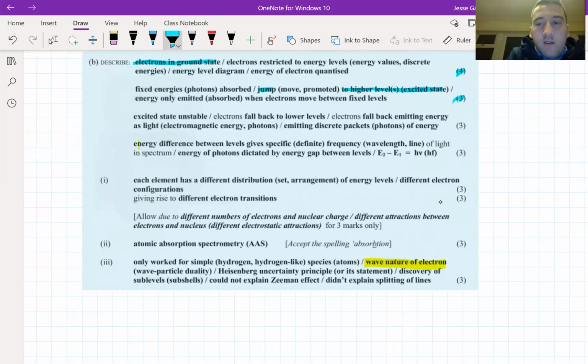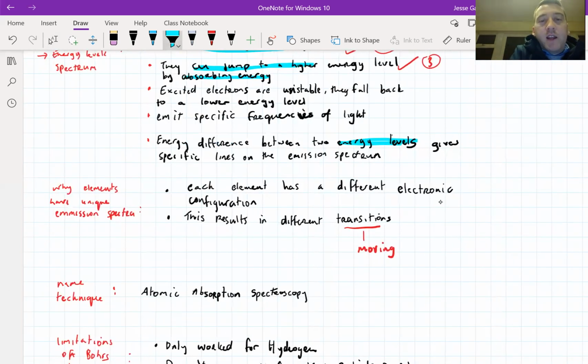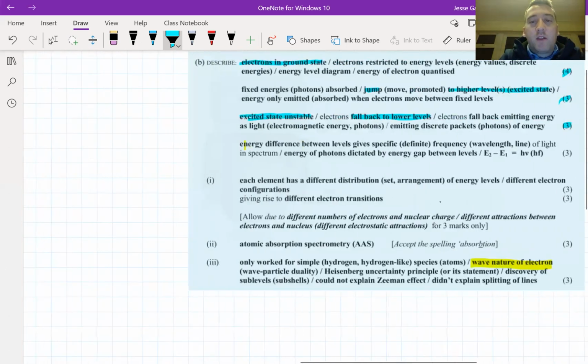Let's see what we got here. Excited electrons are unstable. They fall back to lower energy levels. We only needed one of them. So excited electrons are unstable. There we go. We just needed that, and we got 3. We also would have got it if we didn't say excited electrons are unstable but said they fall back to a lower energy level instead, we would have got the 3 marks for that. What about the last one?